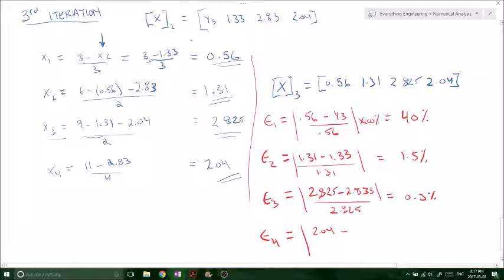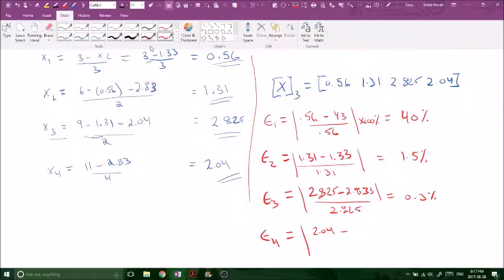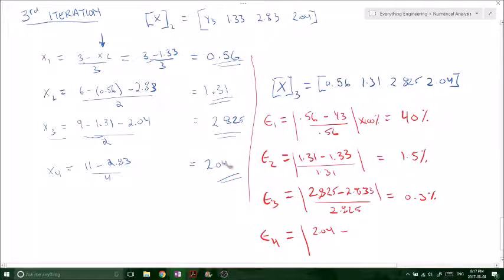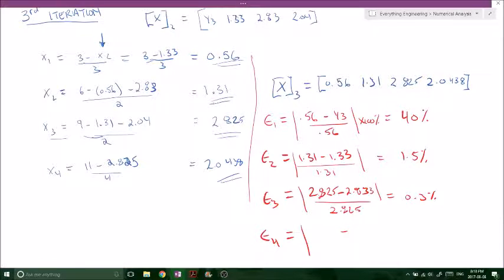Now number 4, hopefully it won't give me a 0. So we got to carry more decimal places on this because our error is getting so close. If we carry more, we got 2.4388. So let's use that. 2.0438. So that's what happens when you get closer and closer and closer. Your error becomes closer and closer to 0, meaning that you're converging to the correct solution.